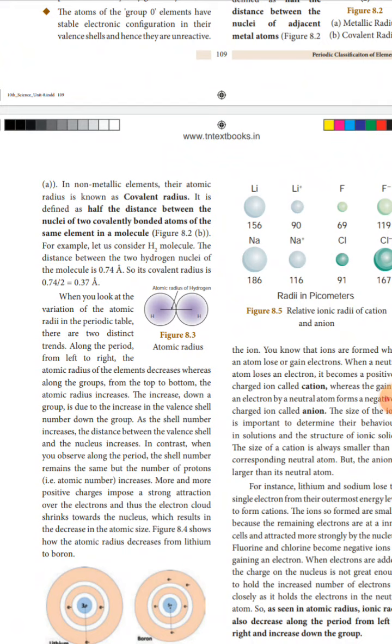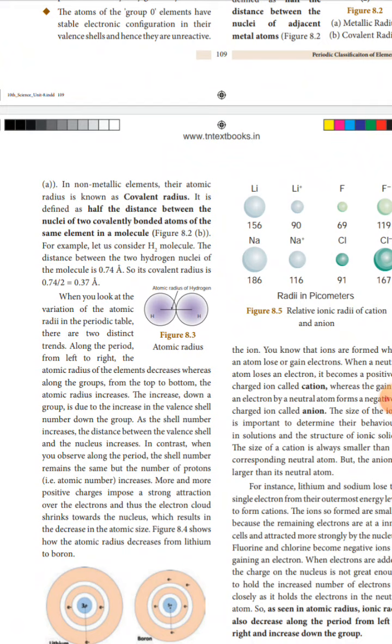It is defined as half the distance between the nuclei of two covalently bonded atoms of the same element in a molecule. That is called a covalent radius.